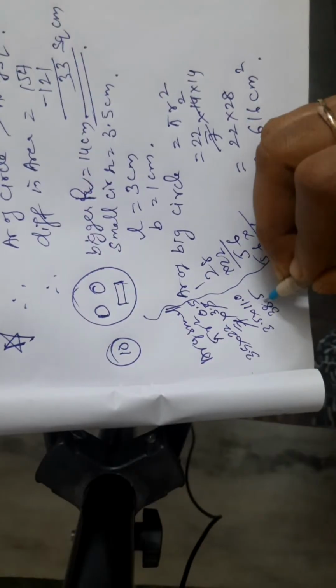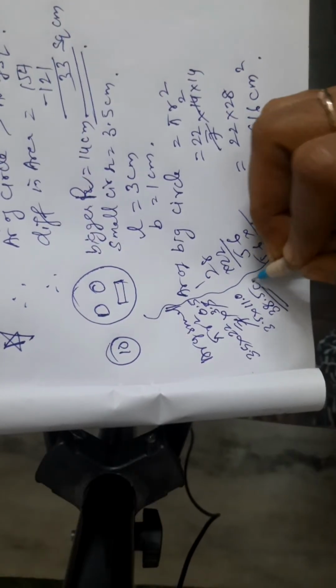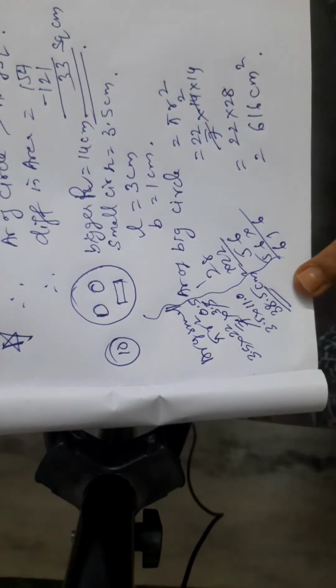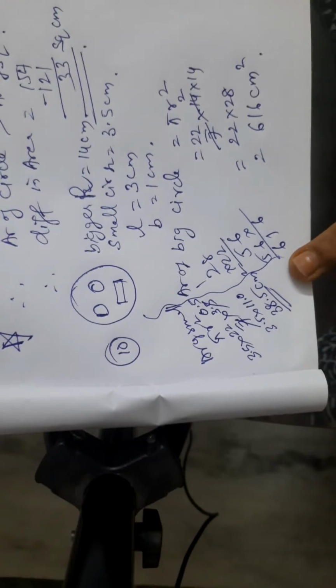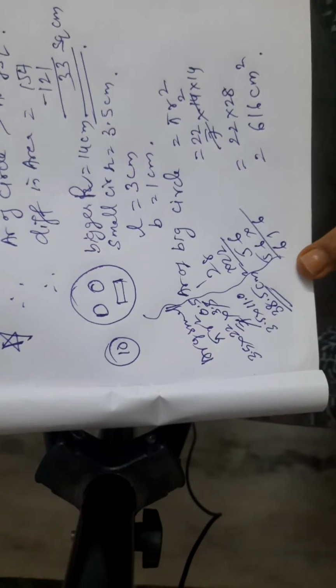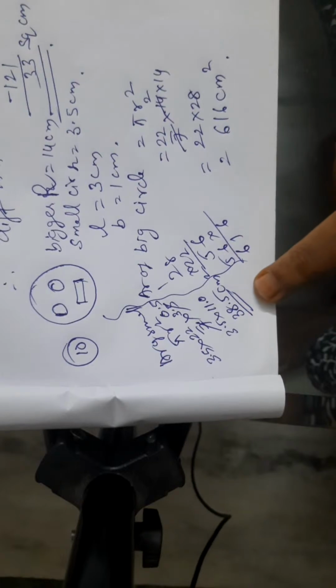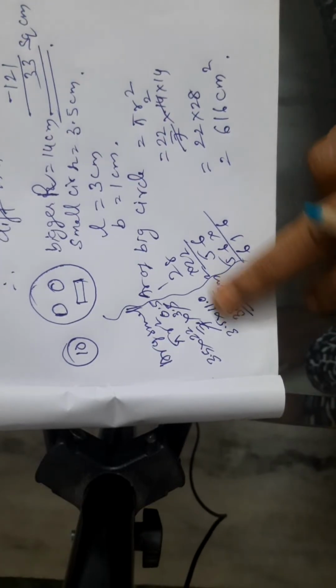Thus it is 38.5 centimeter square. Now we got the value of the small circle. There are two smaller circles, so we will add them together. As two smaller circles are there, we are going to add their areas. So one we got 38.5, altogether 38.5 to be added twice.